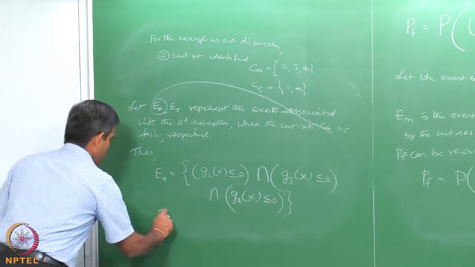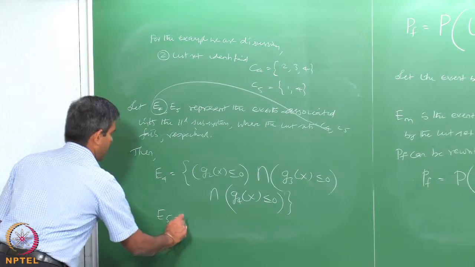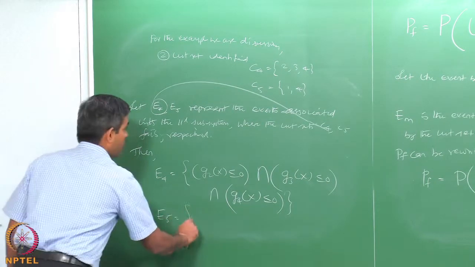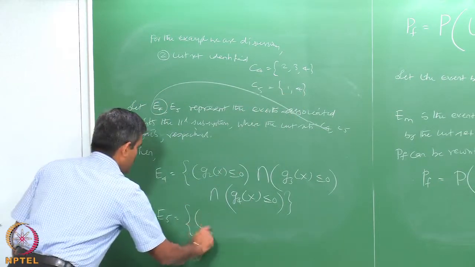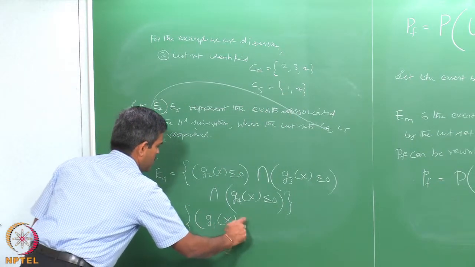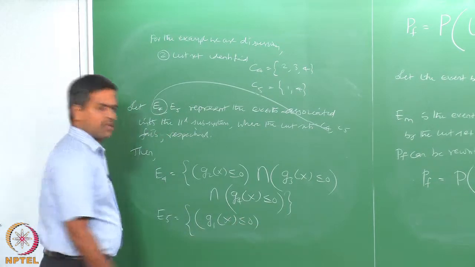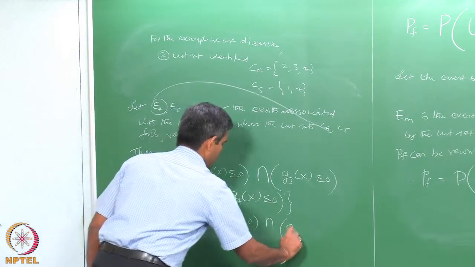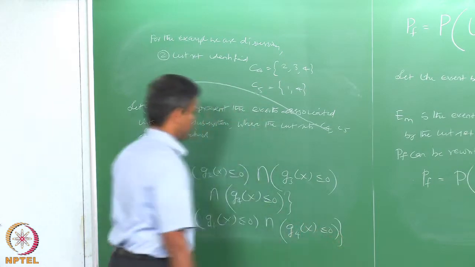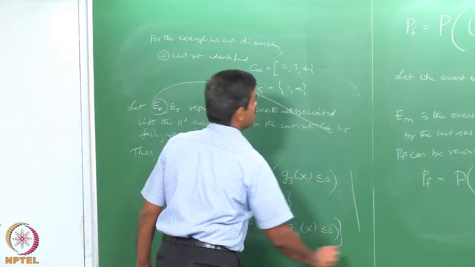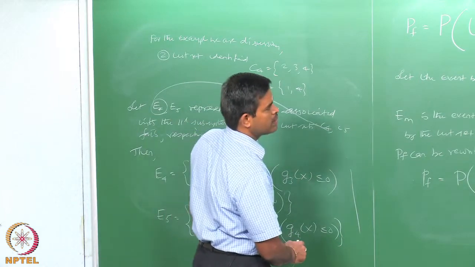And E5 obviously in a similar pattern is comprised of C5, so 1 and 4, so one can say G1 less than 0 intersecting G4 less than 0. Okay. Call this equation number 19.